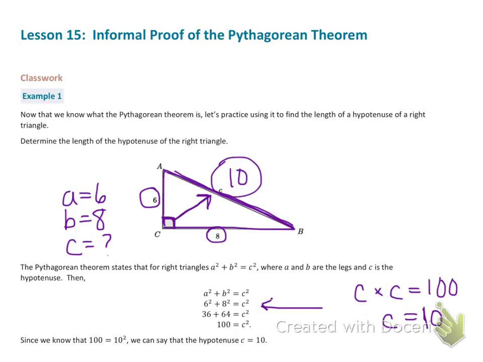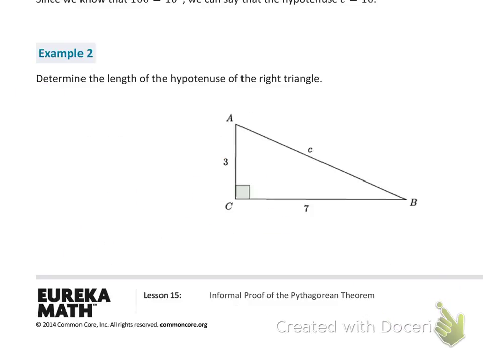Okay, let's look at the next exercise. In example 2, we're being asked to find the length of the hypotenuse of the right triangle. We know that a squared plus b squared equals c squared. We'll let this one be a, and it doesn't matter which one is a or b, because I'm just going to be adding them together.